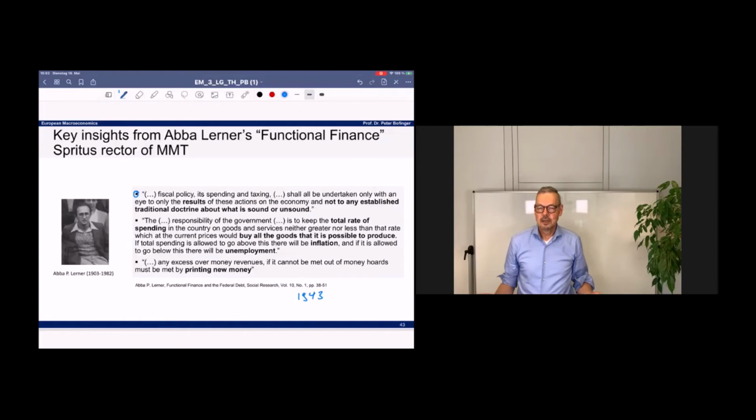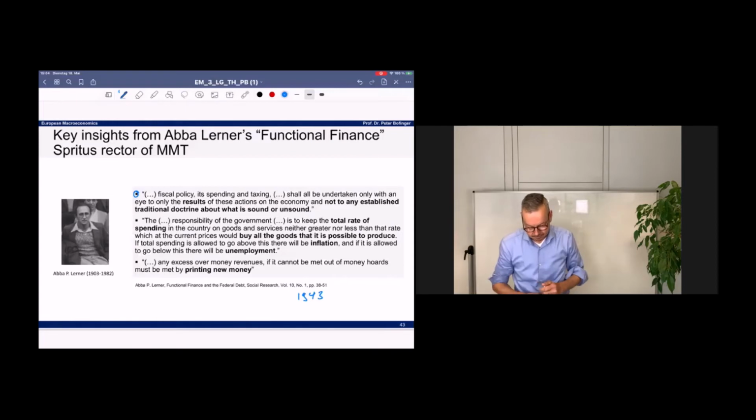There was no more discussion whether it's good or bad to have government deficits and what the effects of government deficits on the economy are. The black zero got an importance of its own, and there were no longer any discussions. So I think it's very wise of Lerner, when in 1943 he didn't know about the black zero, but that's exactly what his warning is about.